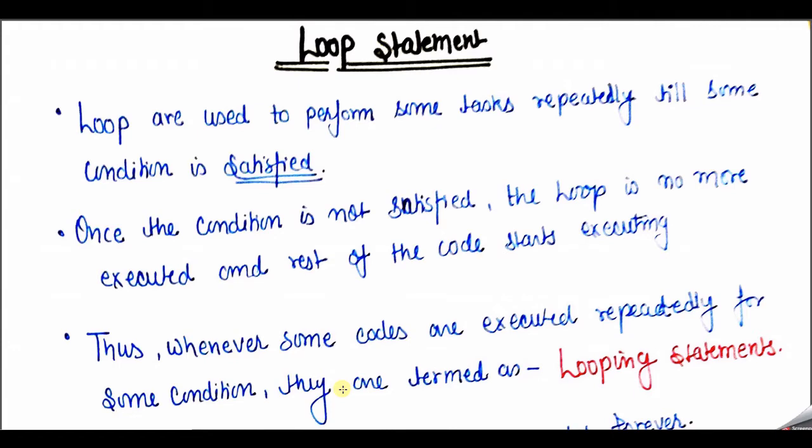First of all, we have to know the basic introduction of the loop statement. Loops are basically used to perform the same task repeatedly until some condition is satisfied. For example, in a programming language, we may need to print a single statement 10 times.